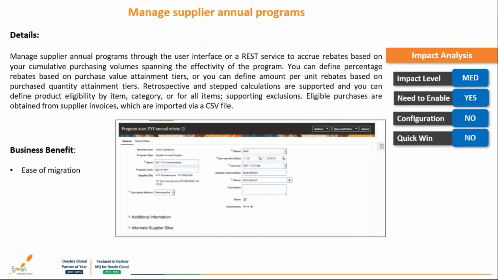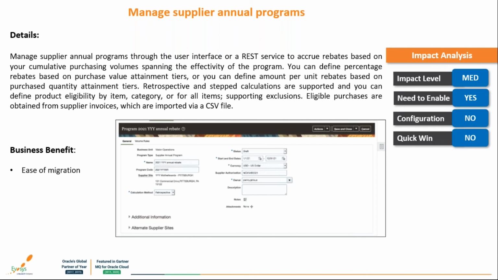Simplify the business by automating the execution of annual rebate agreements. Quick and efficient rebate realization lessens the workload on your personnel. So manage yearly supplier programs using the user interface or REST API to accumulate rebates based on your cumulative purchase volumes over the program's effective periods.